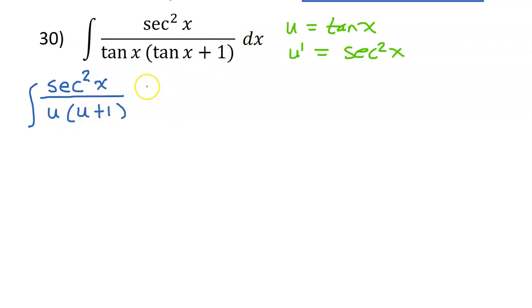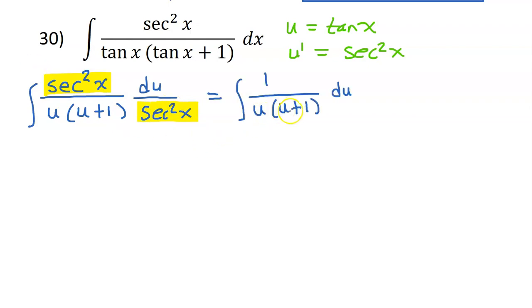Instead of dx, we write du over u prime. In other words, du over secant squared x. Then we notice that the secant squared in the numerator will cancel out the secant squared in the denominator. So now we have this, but we will need partial fractions to integrate.